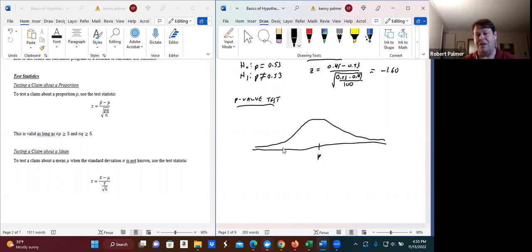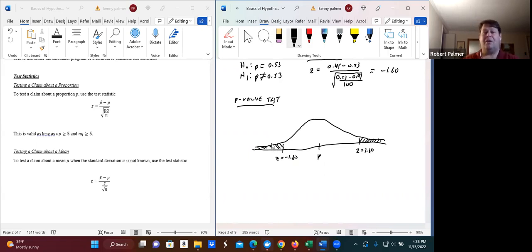Now, our z is over here, about negative 1.60. And this time, since it's not equal to, we'd also have the corresponding z over here, symmetric, of 1.60. These should be mirror images of each other.